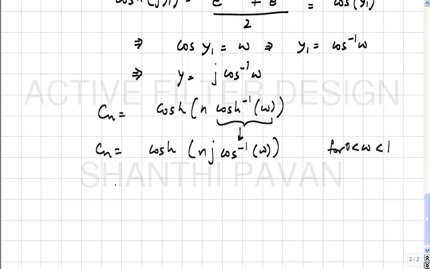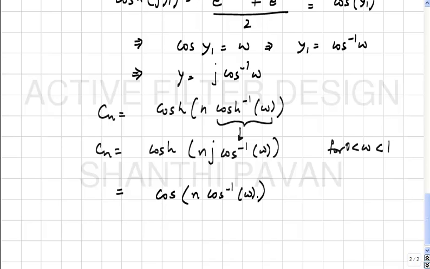Now, what is cos hyperbolic of j n cos inverse omega? It's simply cos of n cos inverse omega. Does it make sense?